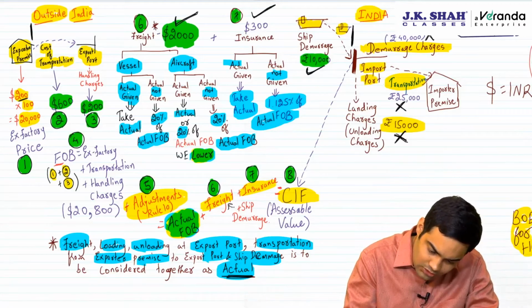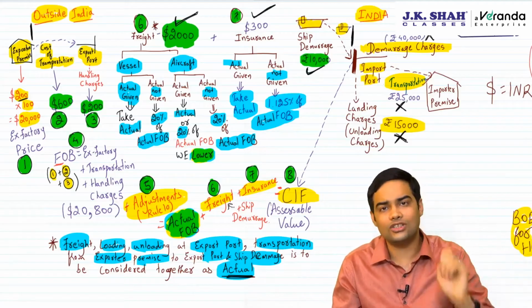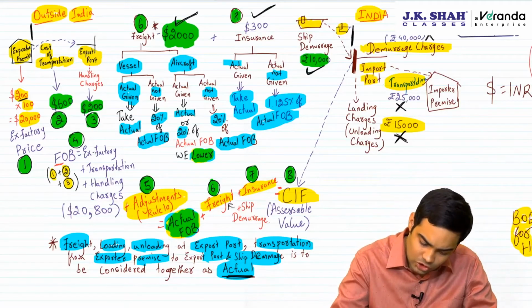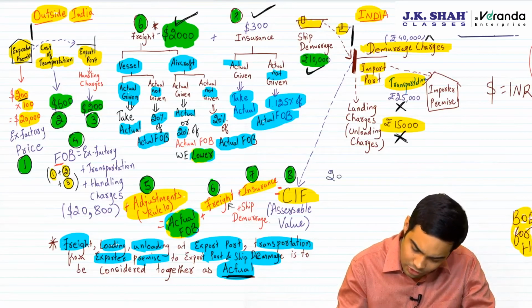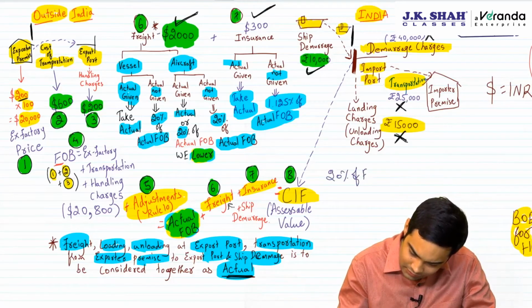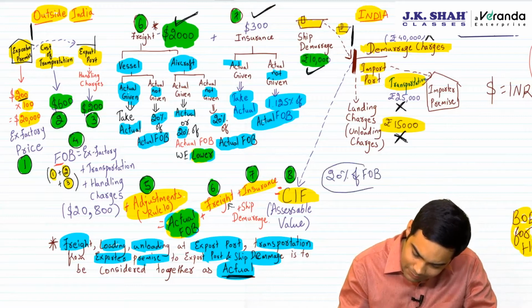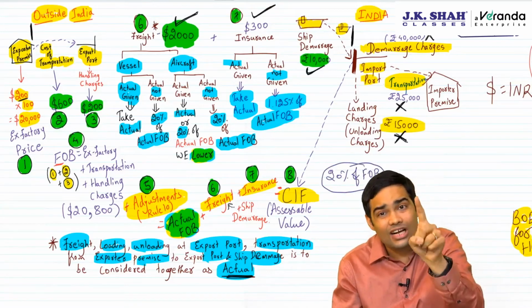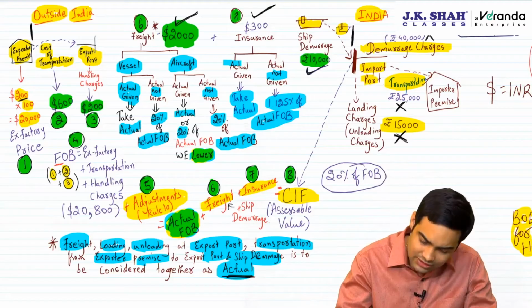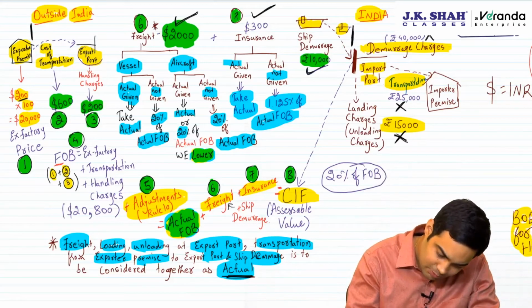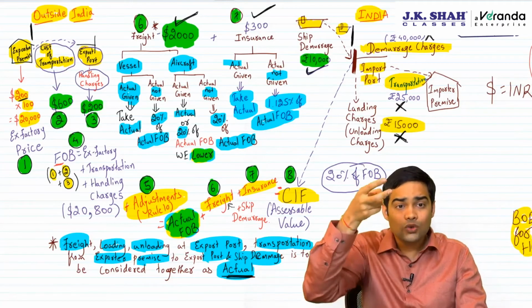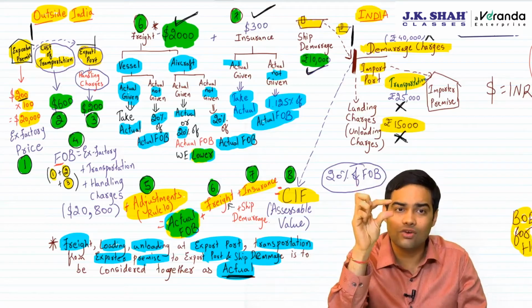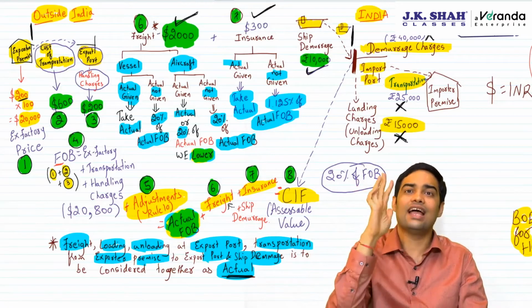Now when $2,000 is not given, you cannot take actual. If you cannot take actual, what will you do? You will consider 20% of FOB. Now the moment you consider 20% of FOB, 20% of FOB includes ship demurrage, includes this export port handling charges, and includes cost of transportation. That means now you will have to remove that cost of transportation, handling charges, and ship demurrage.